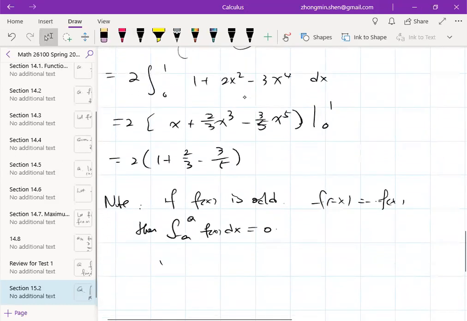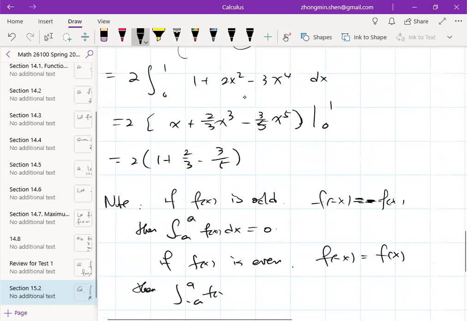If f of x is even, that means if you replace x by negative x, you still get f of x, then this integral is going to be twice the integral from 0 to a of f of x.